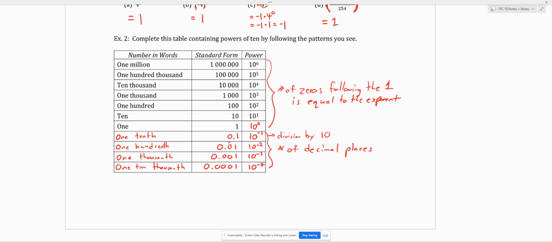You could think of it as the zeros if you count the 0 in front, but it's better to think of it as decimal places, and we'll see why in a second. The number of decimal places is equal to the exponent.